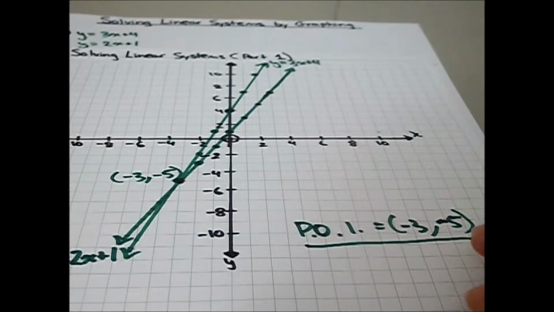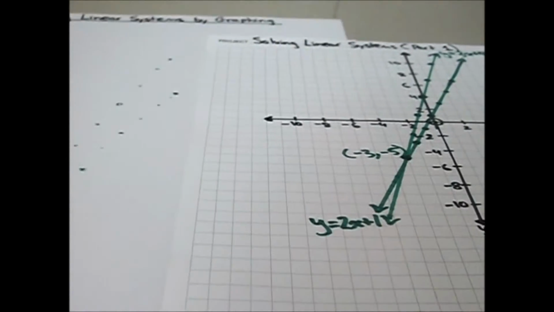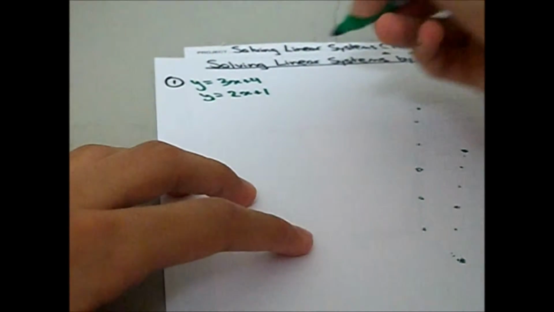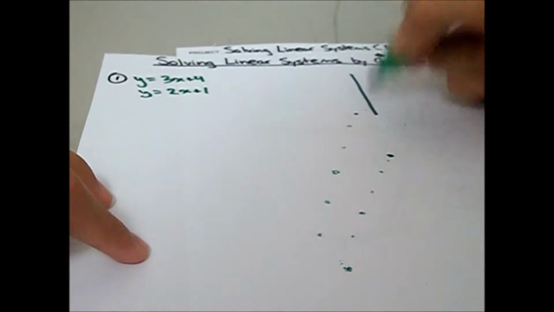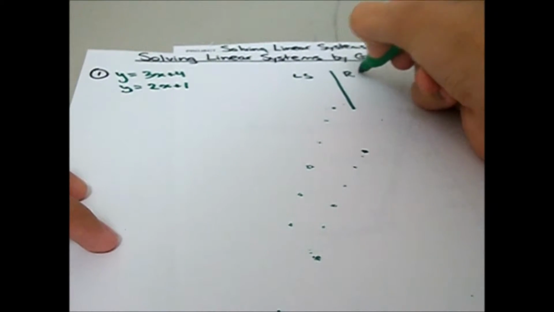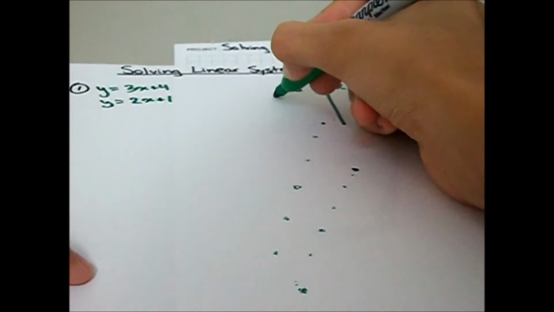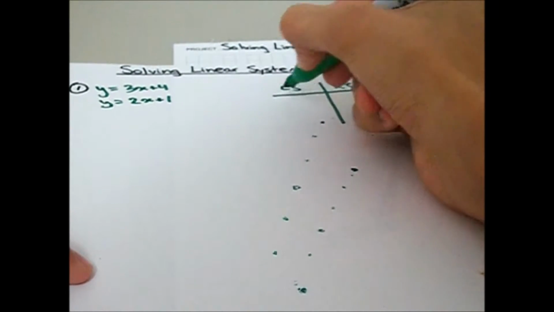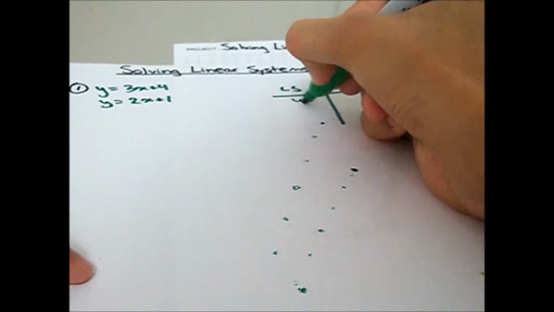And if you want to determine any systematic error, you can always double check. So I'm going to get this point of intersection and test it with both equations. I'm going to draw something like a chart. This is my left side, this is my right side, and I'm going to put y here and 3x plus 4.